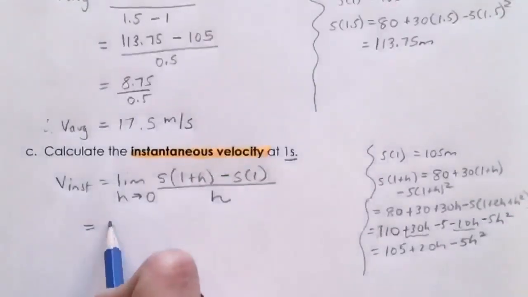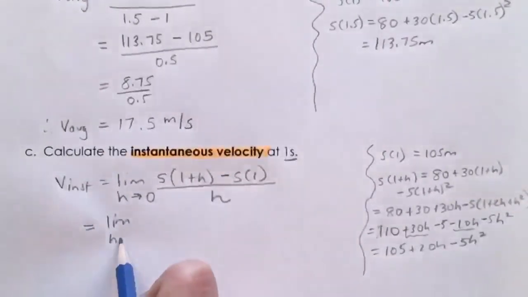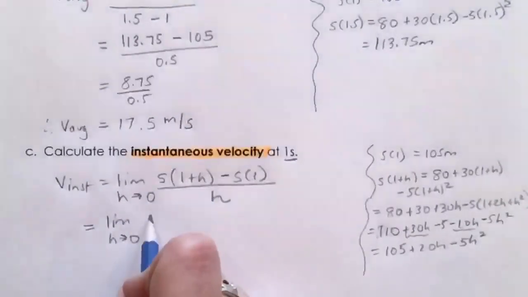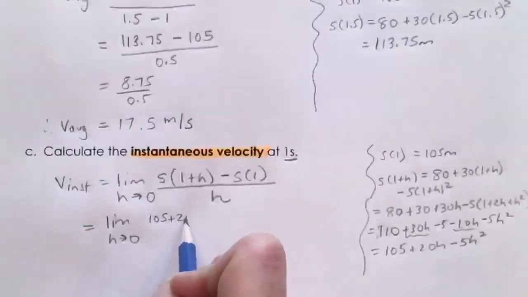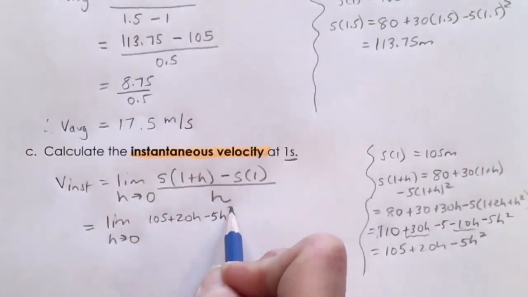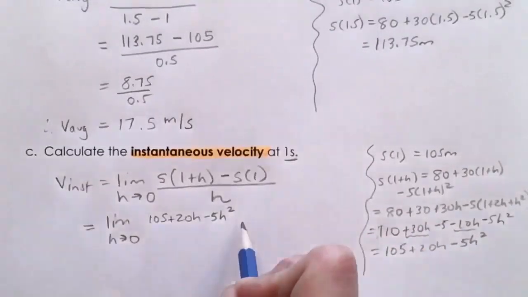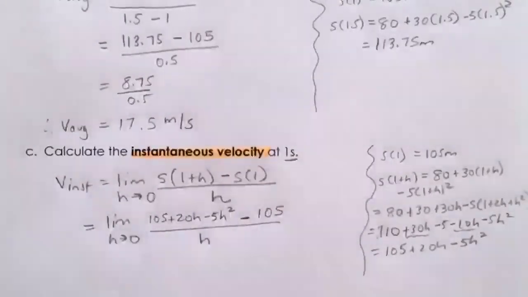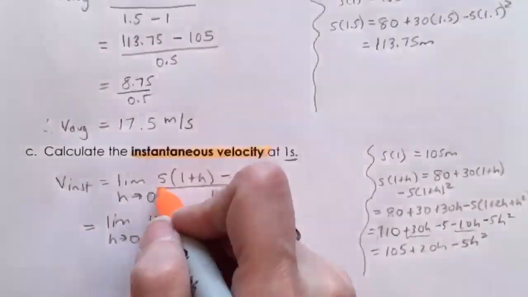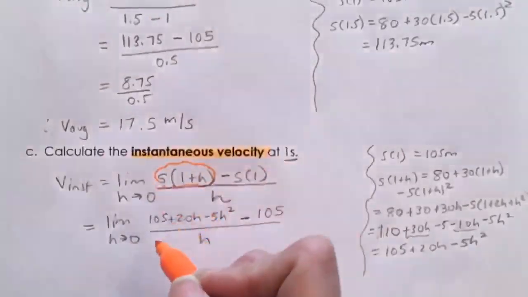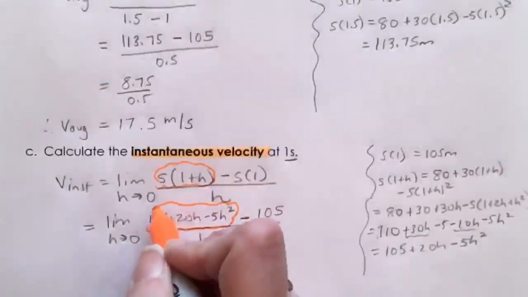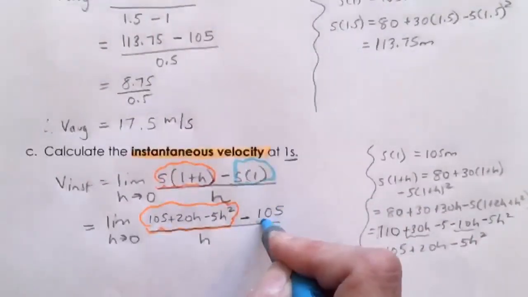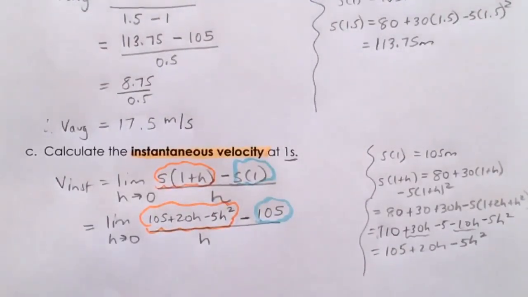All right, so now we can substitute into our formula. So V instantaneous is a limit as h approaches 0. So S at 1 plus h is 105 plus 20h minus 5h squared. And then we're subtracting S at 1, which was 105, over h. So just some correspondence again. This and this are the same, and this and this are equivalent.